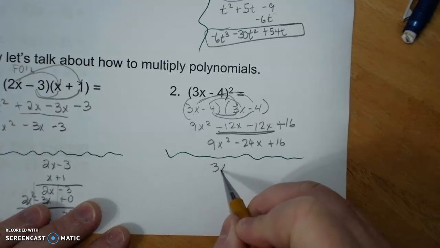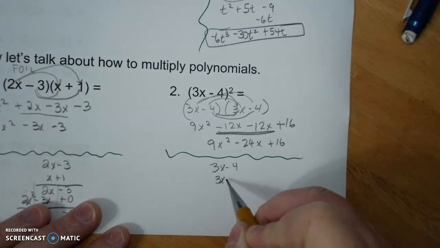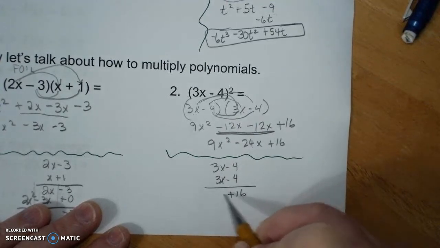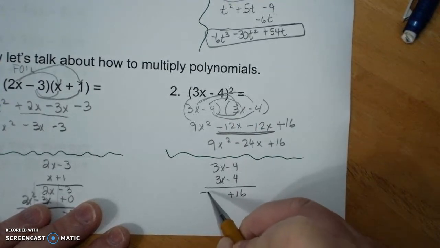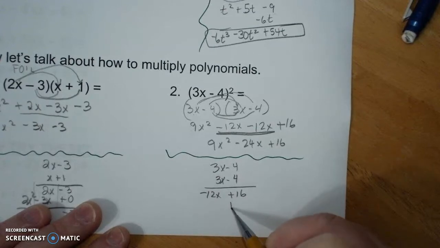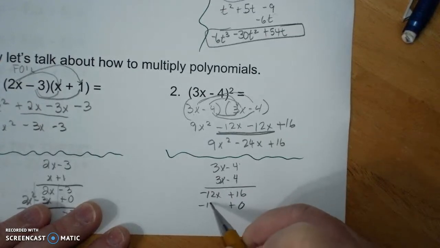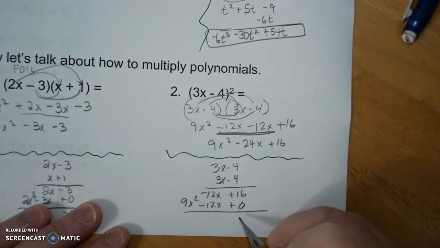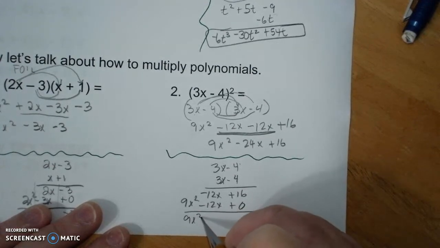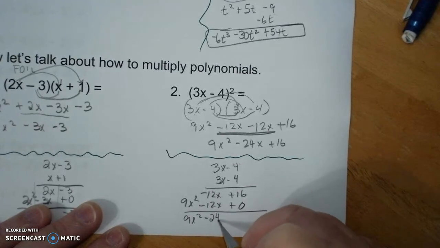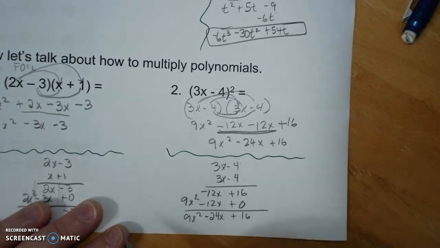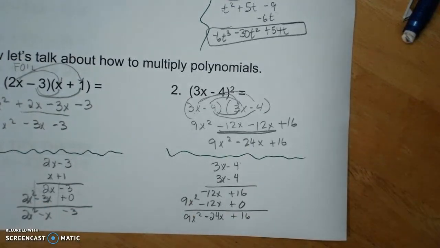If I did 3x minus 4, 3x minus 4, because this says write it down twice, positive 16, here times here is negative 12x, placeholder 0, negative 12x, 9x squared, 9x squared minus 24x plus 16. I end up at the same place. I just like the second method better.